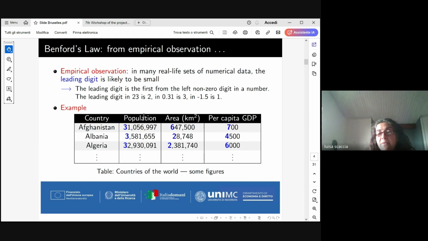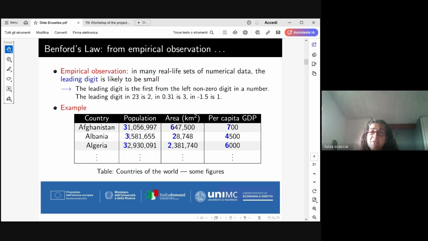So here we have 3 different data sets, just as an example. We have the first data set, which is about populations in different countries. Then we have the area of different countries and the GDP of these countries. And we are looking just at the first leading digit.